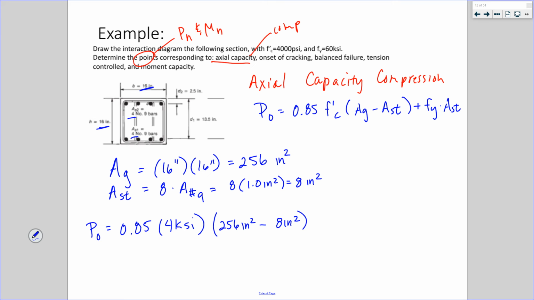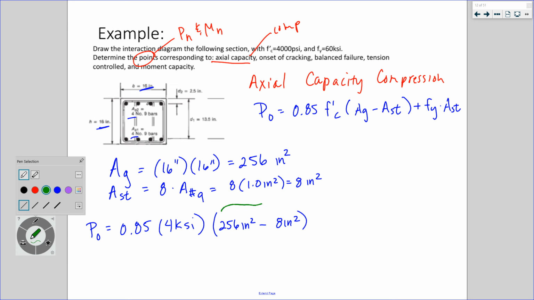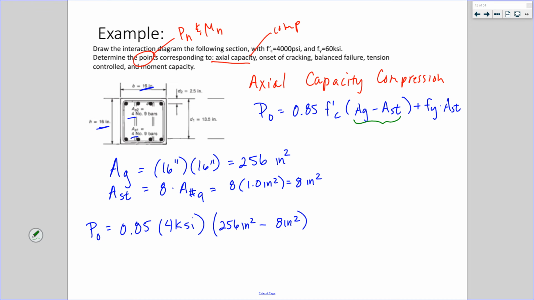I'm just getting the area of concrete, right? The gross minus the area of steel is all that is. This right here, area that's only concrete.